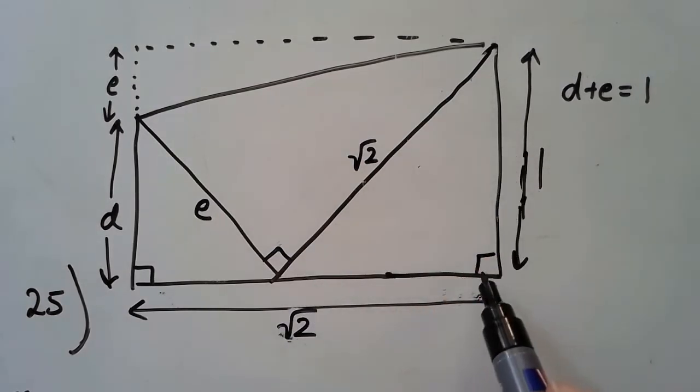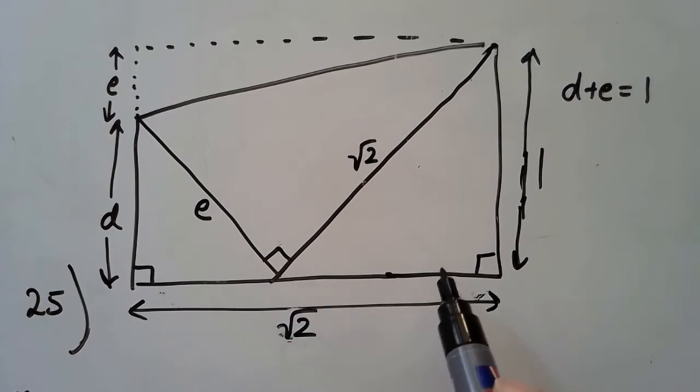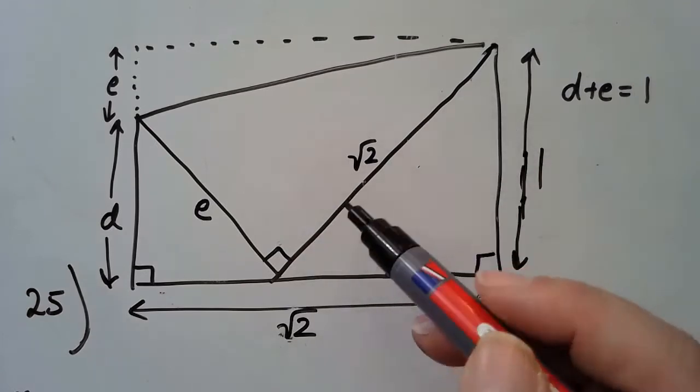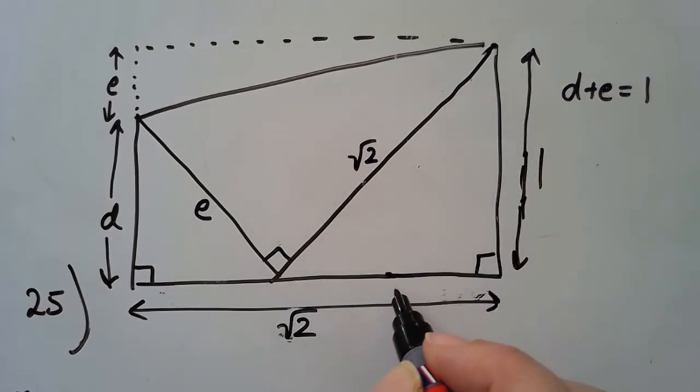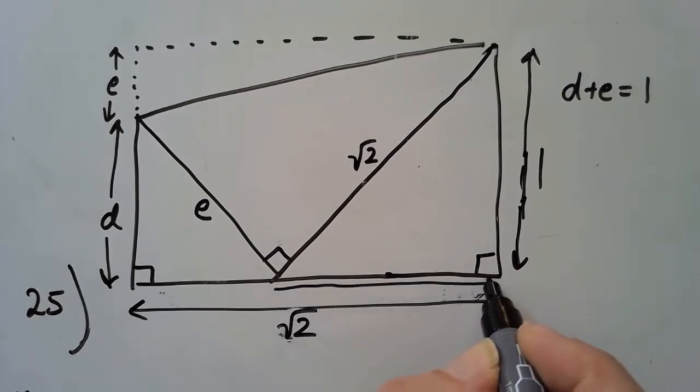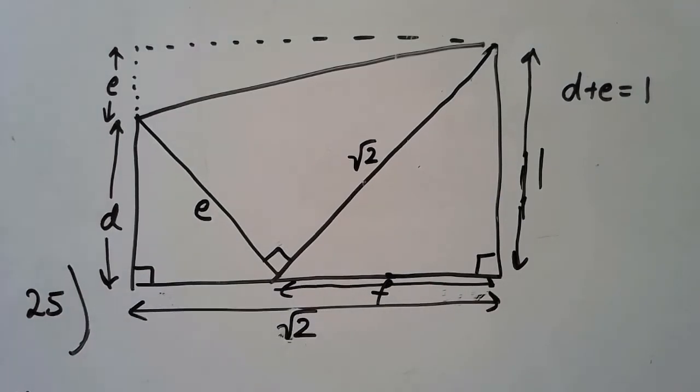I'm going to draw out this triangle here. I know that this length is 1 and this length is √2. So I need to find out what this length is. For now, I'm going to call it F, so that I can label it.